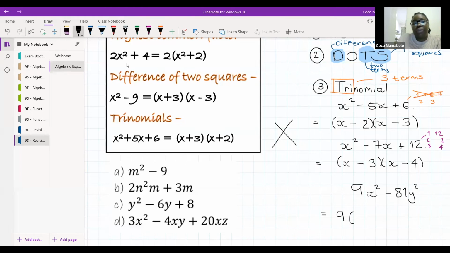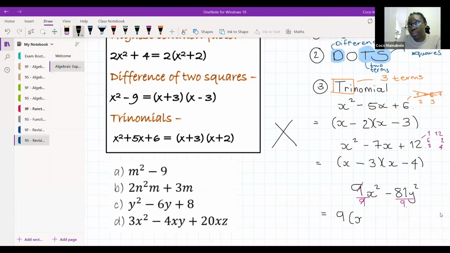Now, if we take 9 out, we then have to divide this number by 9 and divide this number by 9. If I divide here 9 divided by 9, what do I have left? I don't have nothing left. I have 1, and x to the power of 2.